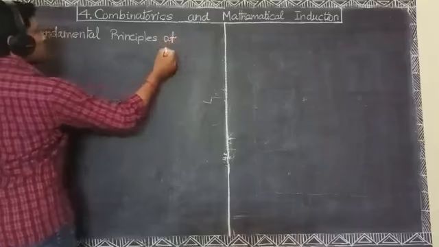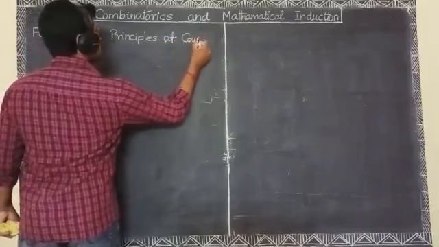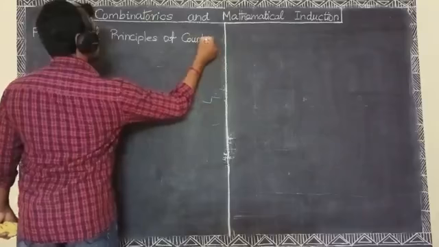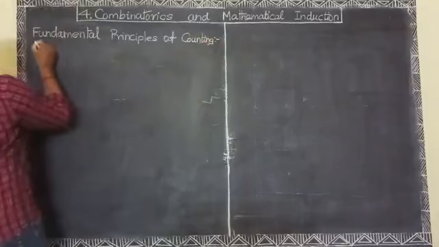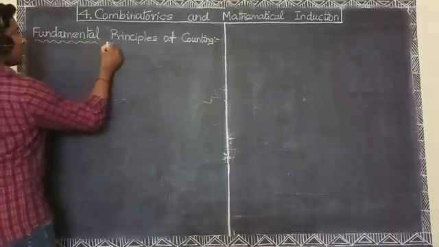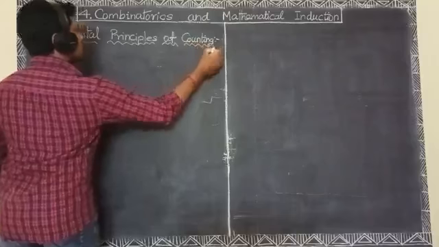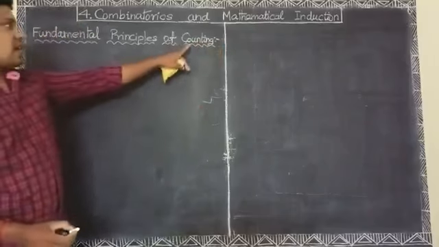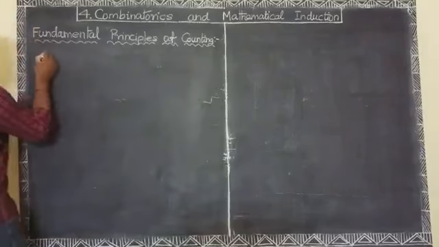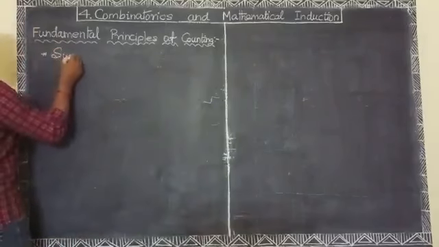Principles of counting. There are three types of counting. The first one is the sum rule.